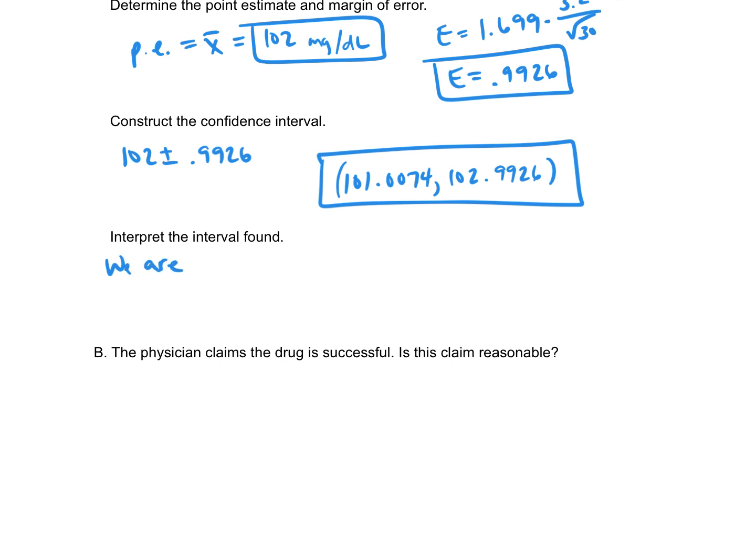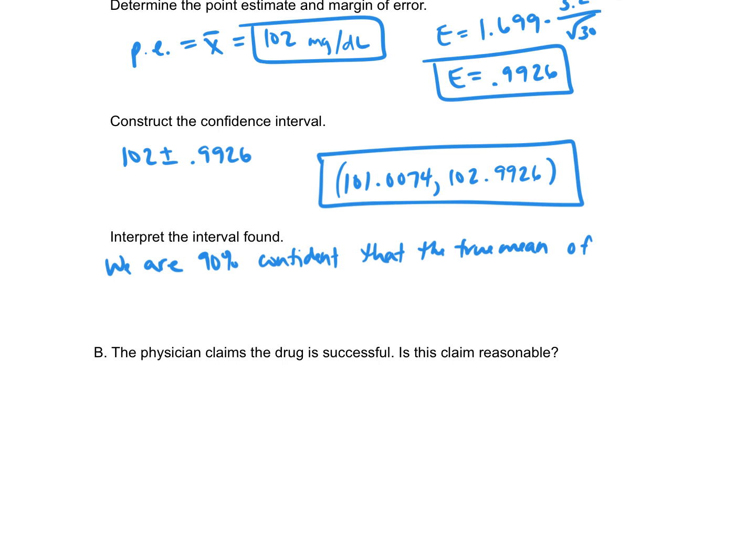All right, interpreting the interval. We are what percent confident? 90% confident that the true mean, or you can say the population mean, I don't care which one, of what were we checking? What was it testing? The lowering of blood sugar.